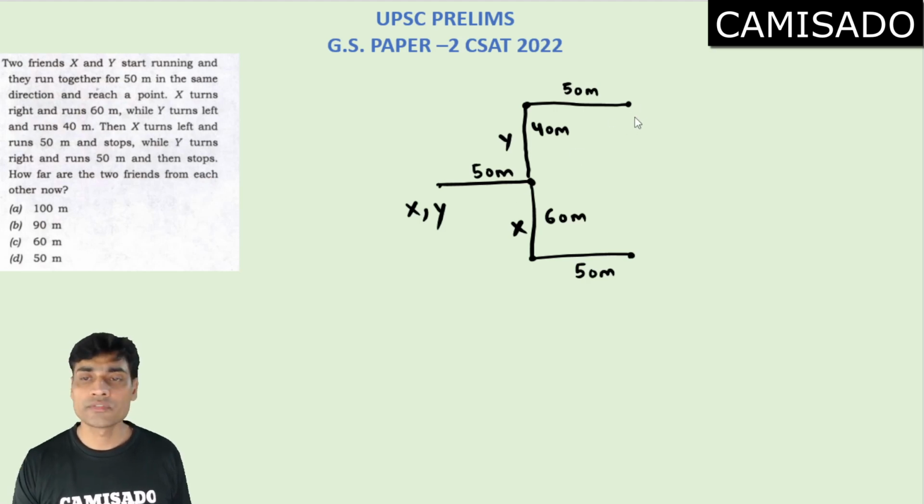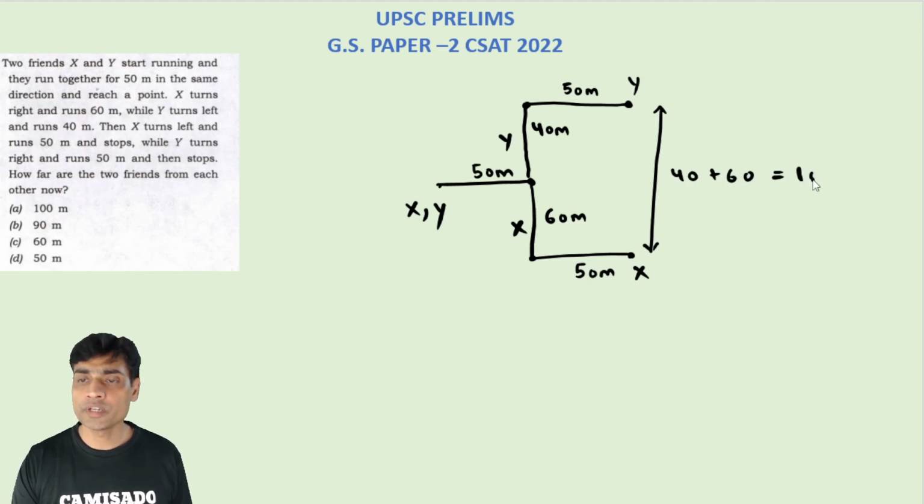So there is a final destination of both. Y is here and X is here. How far are the two friends from each other now? So it's quite obvious how far they are. This is the distance between the 2 points. It's 40 plus 60, which comes out to be 100 meters. So 100 meters is the right answer here. So option A is right.